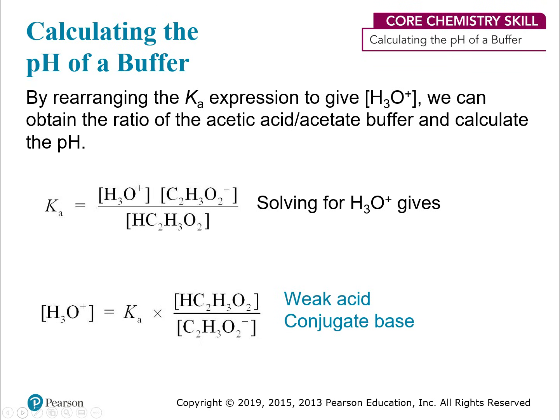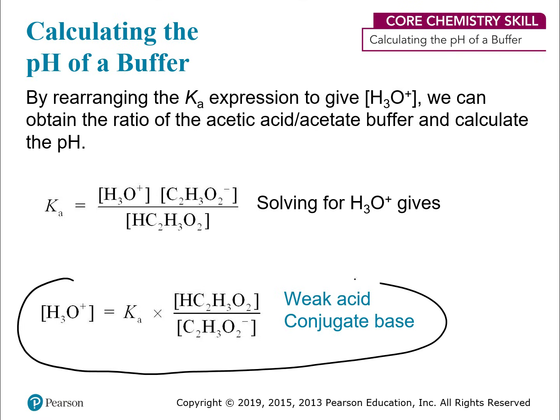And that will give you the ratio of weak acid to conjugate base. This would be a good thing to remember, not just for acetic acid specifically, but how this equation is formed, right?